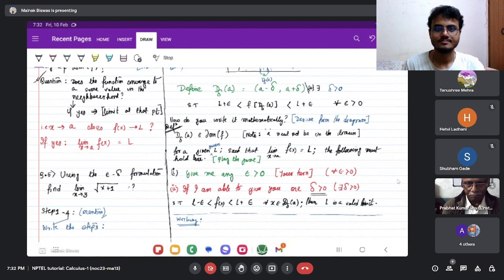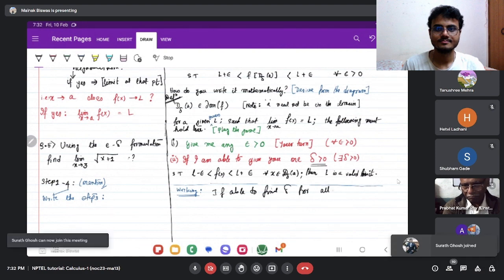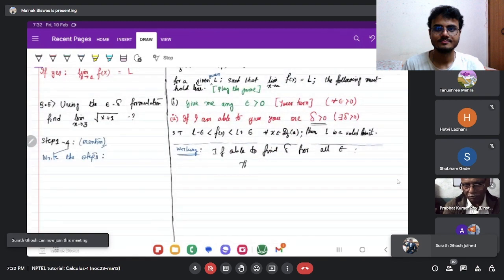If we are able to find delta for all epsilons, which means there is no jump for any epsilon, right? So the idea is, if we are able to find delta for all epsilon, which means there is no jump.